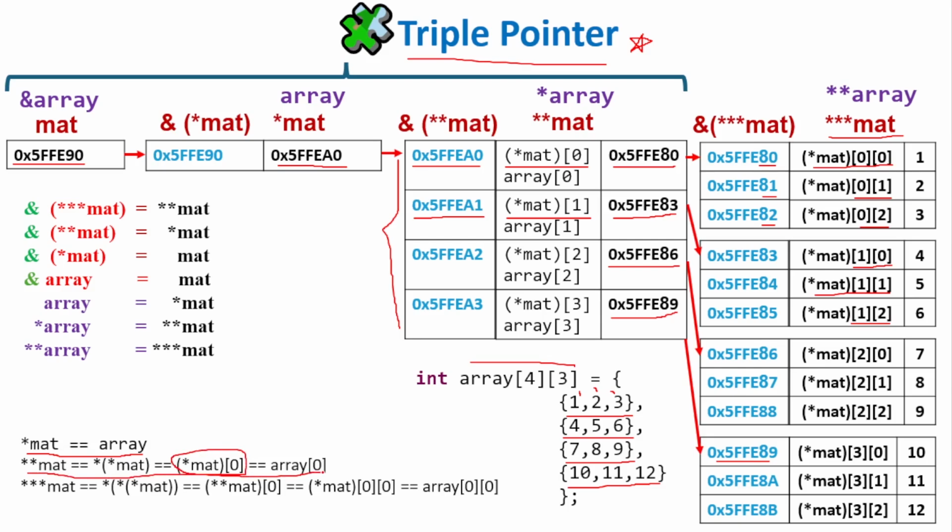This points to the first row of the matrix, the first one-dimensional array of integers. Finally, ***mate equals **mate[0] or *mate[0][0] or array[0][0]. This is the actual value of the first element in the matrix.